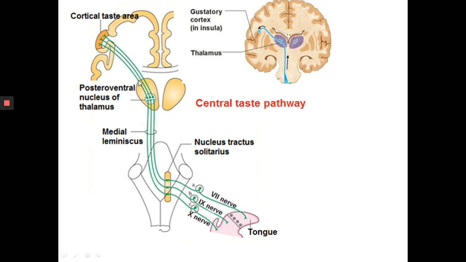This is the central taste pathway. The signals from each of these receptors are processed separately. That is why we can taste each and every item separately.